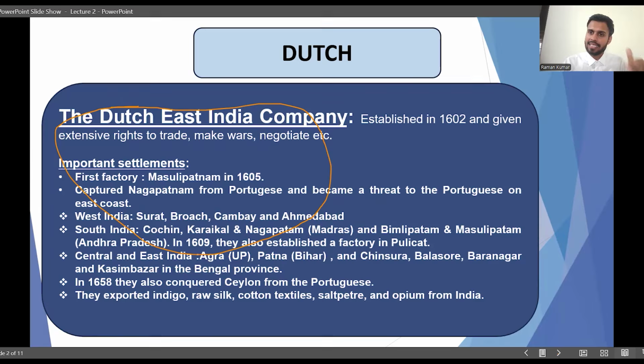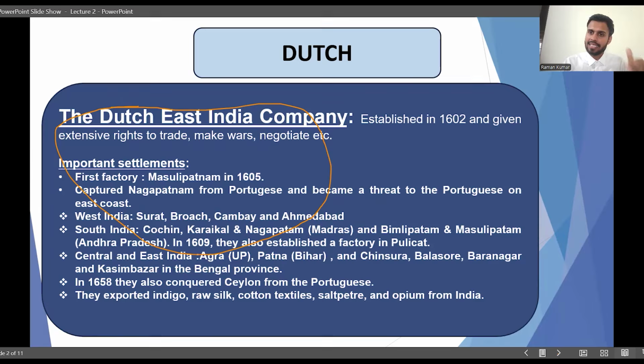So basically, as you can see in this slide, while the Portuguese made a lot of money in India during the 16th century, other European powers were also watching very closely. They were thinking of ways in which they could also establish their power in India.